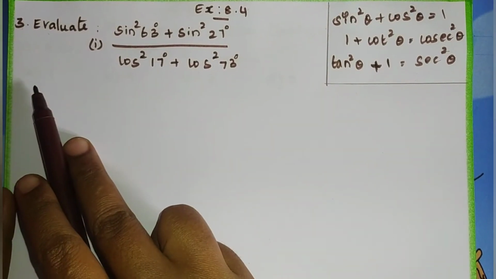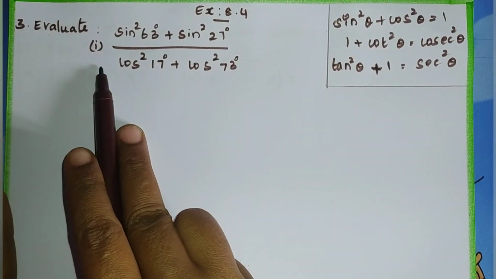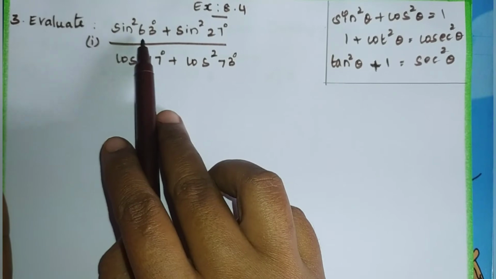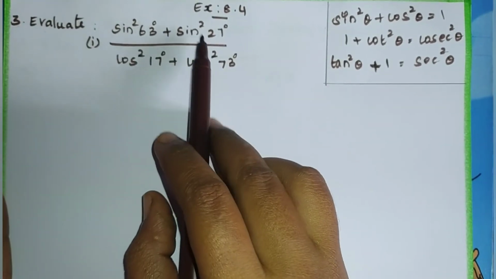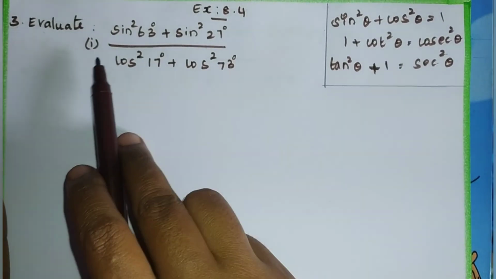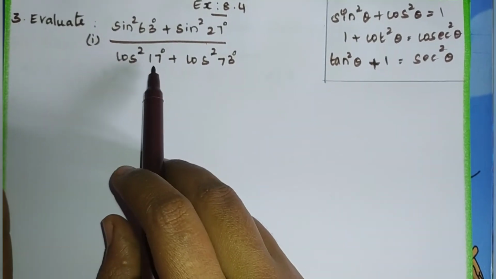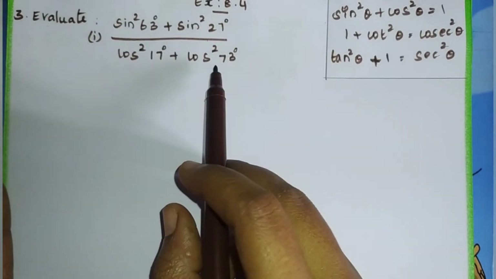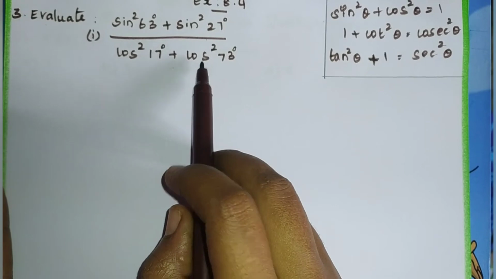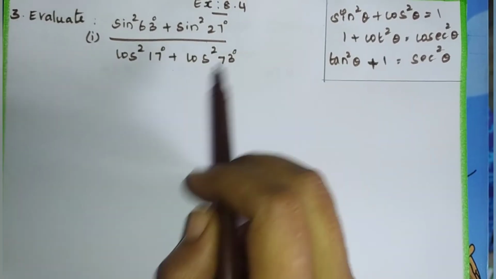Next, the third problem in that first subdivision: sine square 63 degree plus sine square 27 degree, divided by cos square 17 degree plus cos square 73 degree.